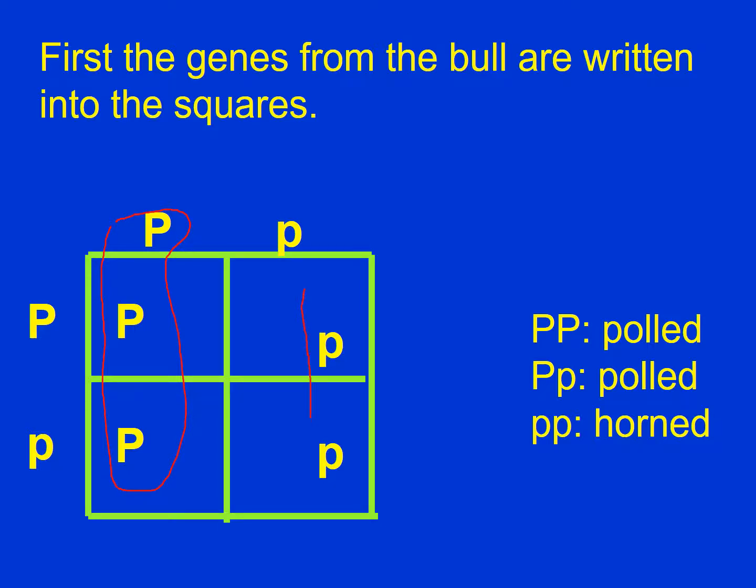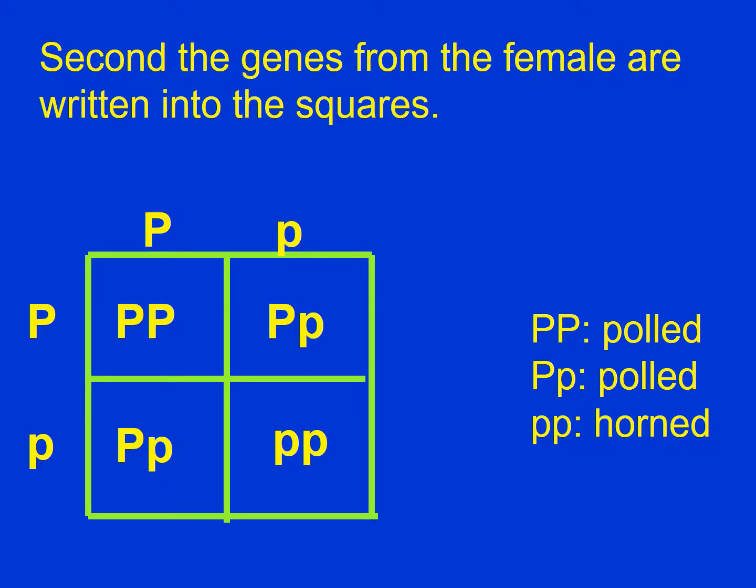It's a good idea to always put the lowercase to the right in your squares and put the uppercase to the left. And then we just follow through with the genes from the female. And we've got the Punnett Square filled out.